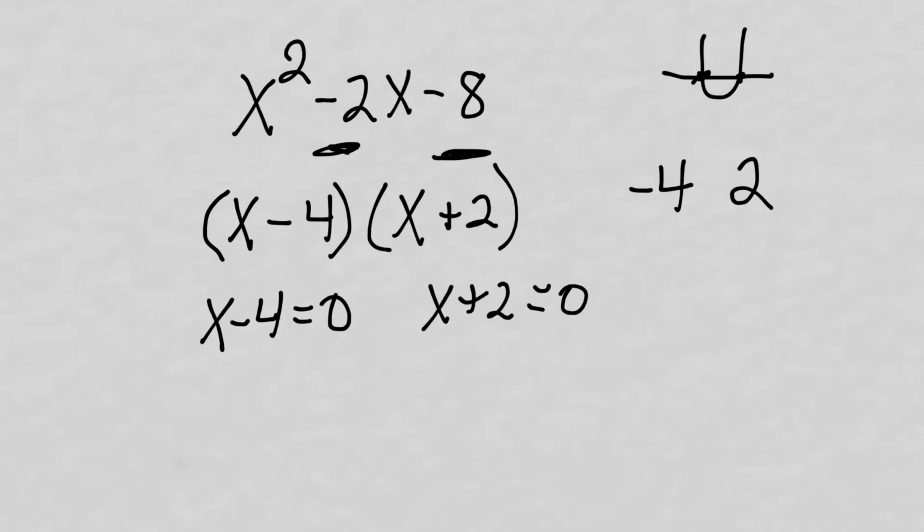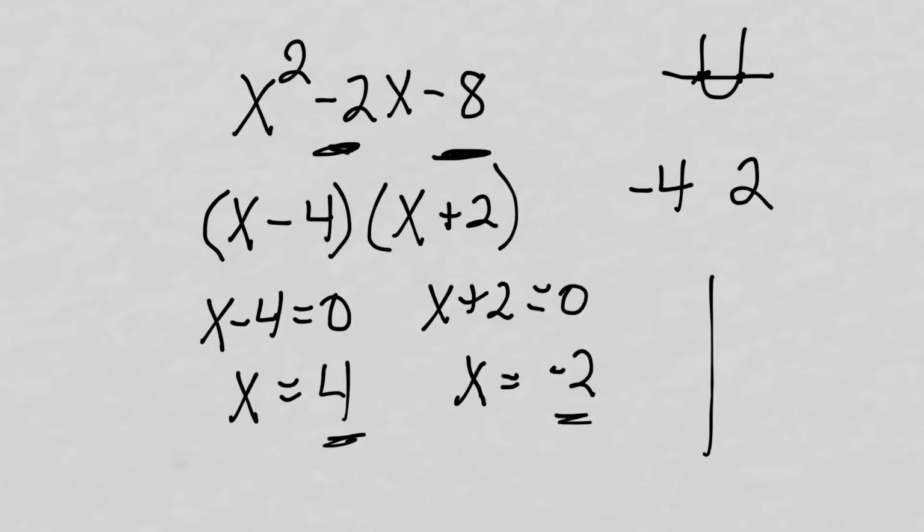And this is important: x equals -2, x equals 4. These are your zeros. All this means is on a line, this passes by at 4, and this passes by at -2. So that's your zeros to this.